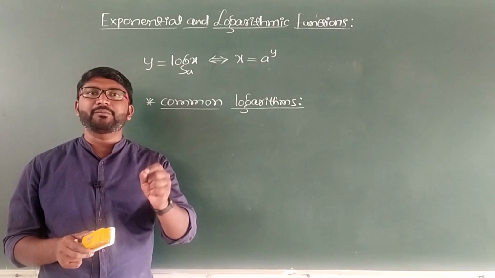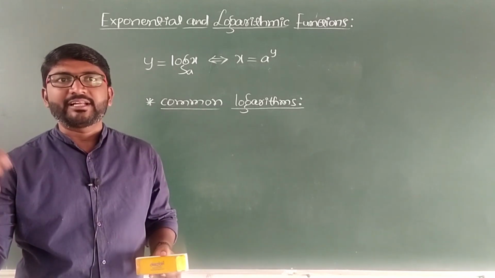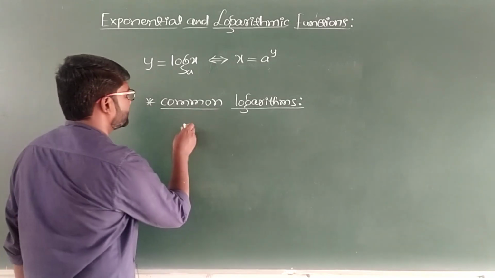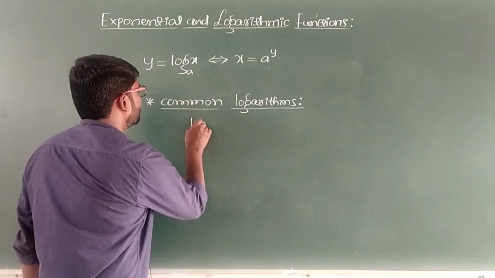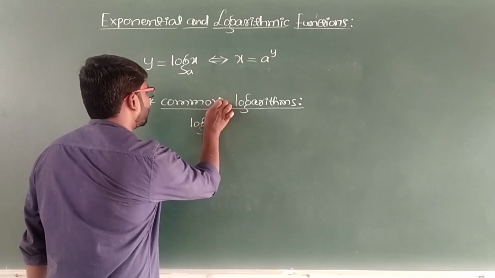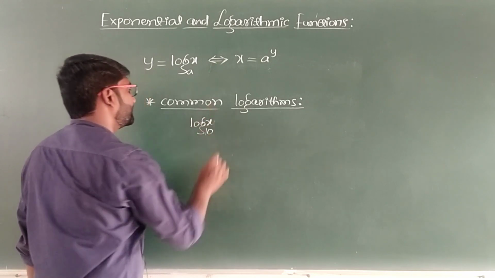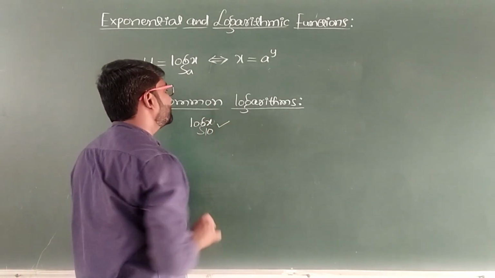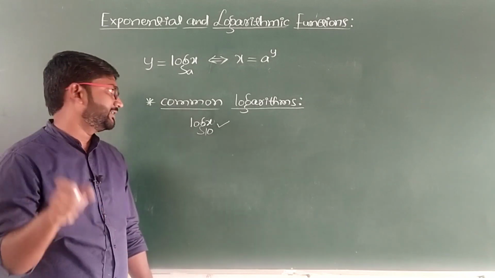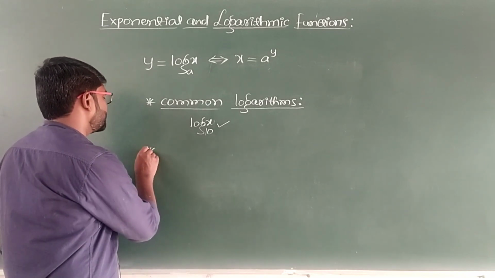The logarithms with the base e are called natural logarithms. The logarithms with the base 10, that is log x to the base 10. So this logarithm is the common logarithm. Then the next one, it is a natural logarithm.